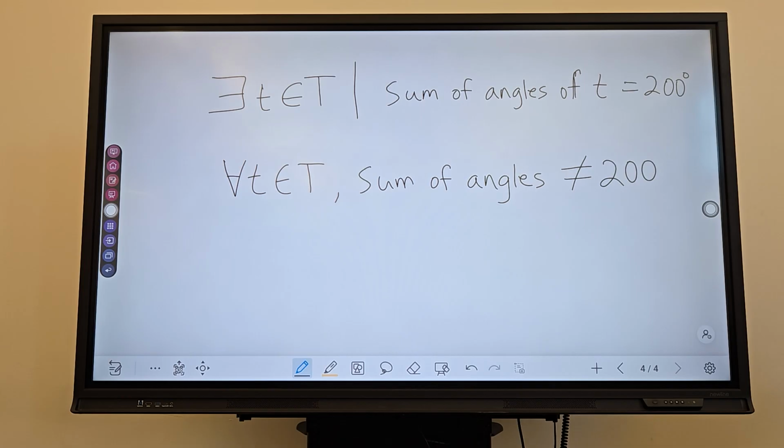Now I wrote these out formally, but care must be taken to avoid mistakes when writing negations of statements that are given informally. One way to avoid mistakes is to write them formally and then negate them. What about the statement, no politicians are honest?